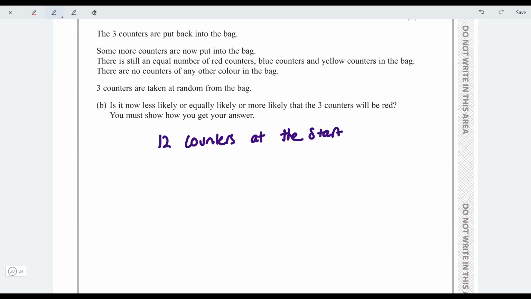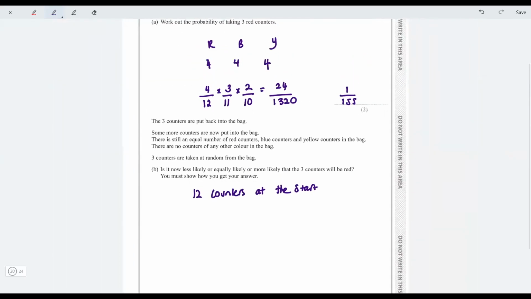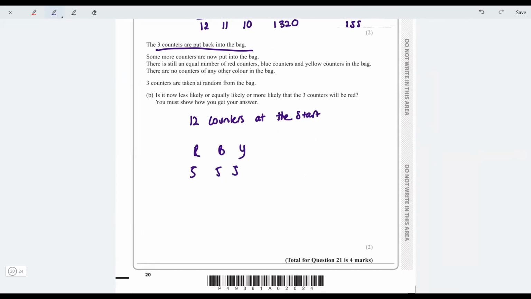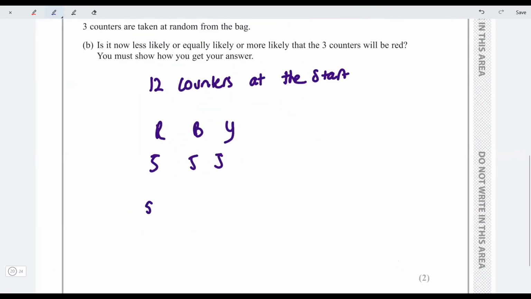At the top, we had 4, 4, 4. If we've got another 3, that makes red, blue, yellow 5, 5, 5. So to take a red counter would be 5 out of 15 times 4 out of 14 times 3 out of 13.